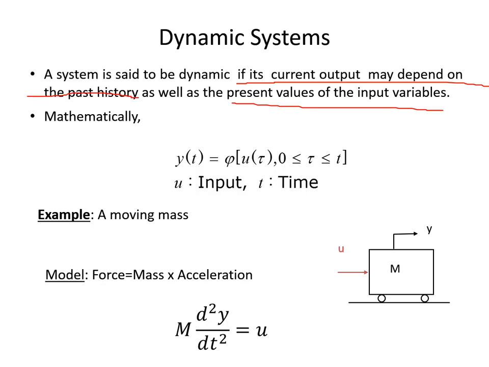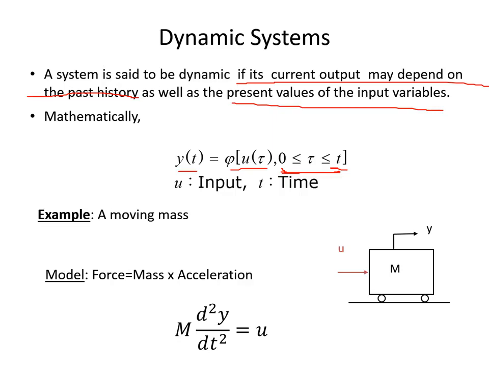So essentially, we say that the output y of t is some function of the input at time tau, where tau is a time which is less than or equal to t and obviously greater than or equal to 0. We cannot have time which is negative in this case. So this range of tau is describing the past history.